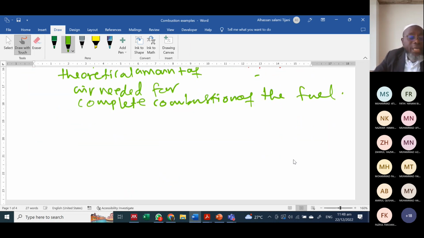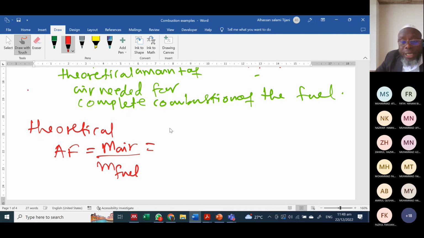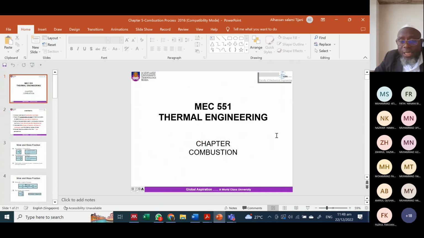So now we want to write down the air-fuel ratio. The theoretical air-fuel ratio equals the mass of air divided by the mass of the fuel. Pay attention carefully, I've mentioned this before during our discussion.